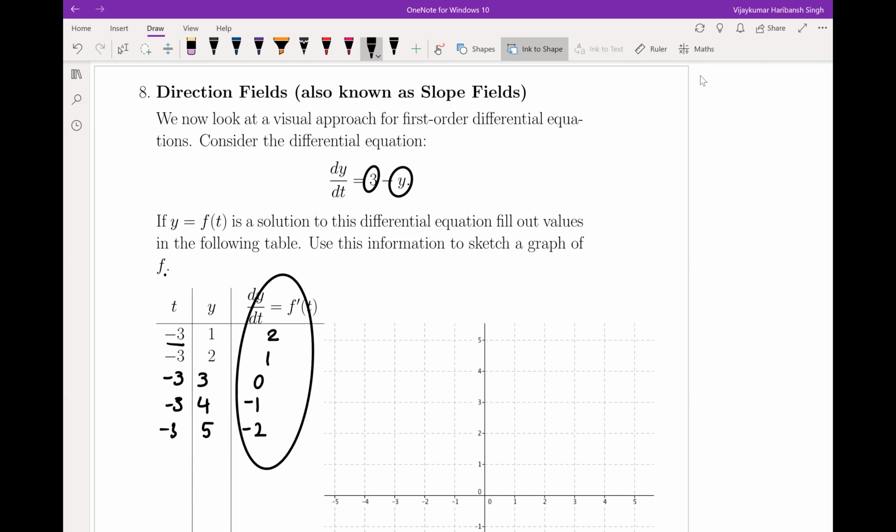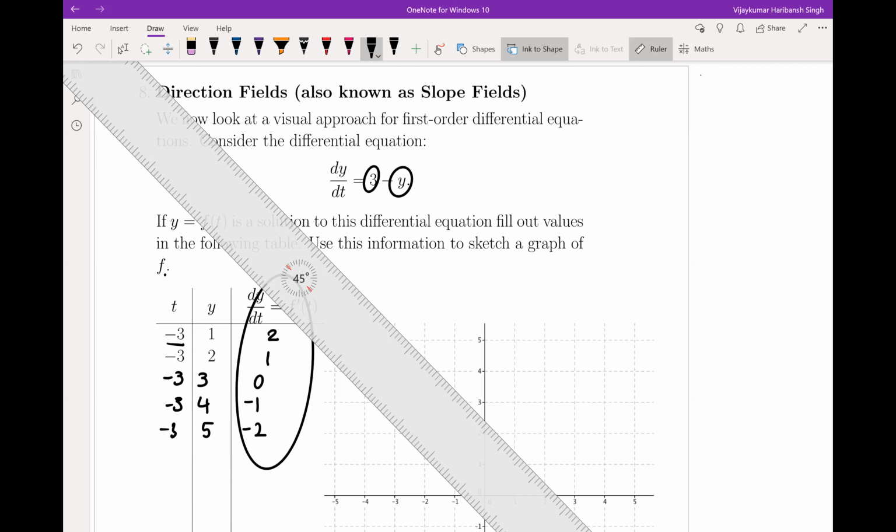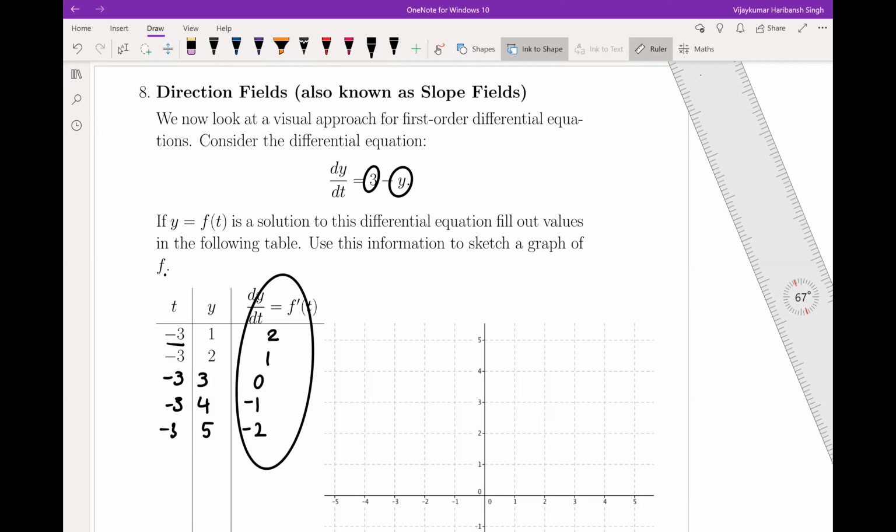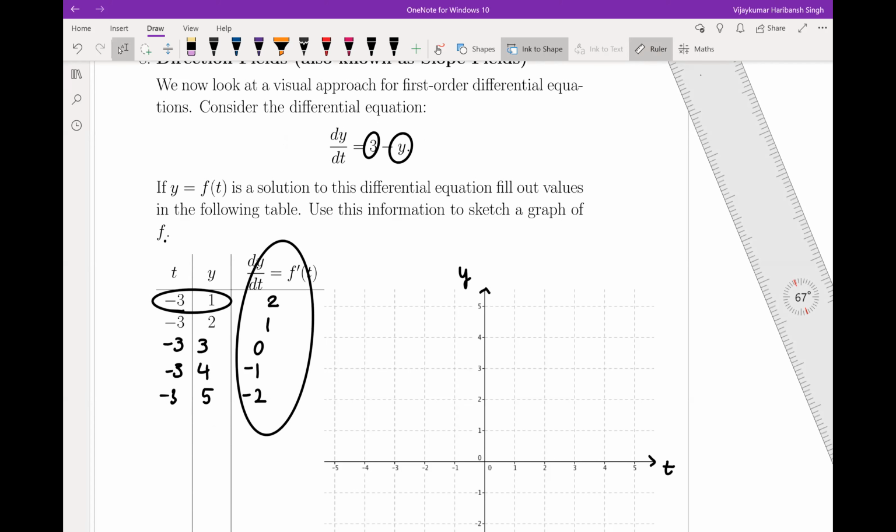So let's draw the direction field. How do we draw this? Let's look at the first entry. At minus 3 and 0, this is your t, this is your y. When t is minus 3 and y is 0, we are here.